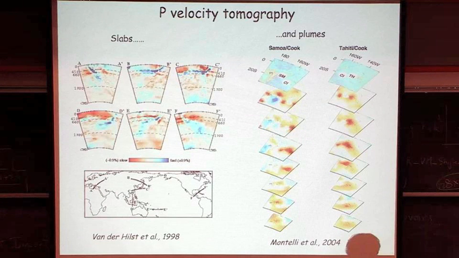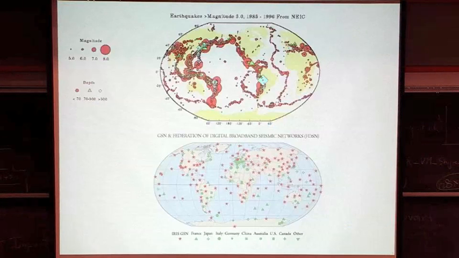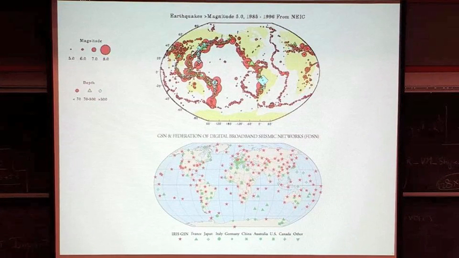We are limited by the coverage, by the events that we can use, right? They're all more or less at plate boundaries, so there are large areas of the world where we don't have sources. And for the stations we are also limited, in particular there are fewer stations in the southern hemisphere, because we have a few islands, but the rest would have to be covered by ocean bottom stations, which is still a challenge.